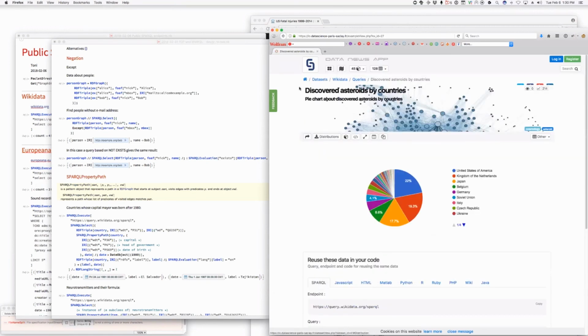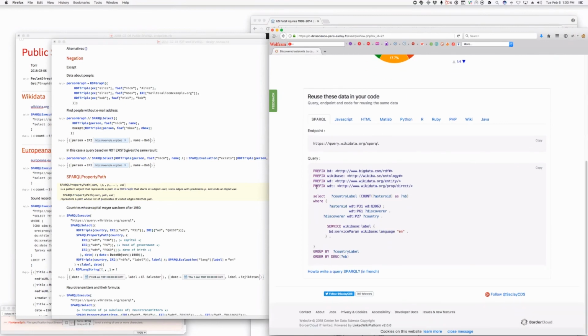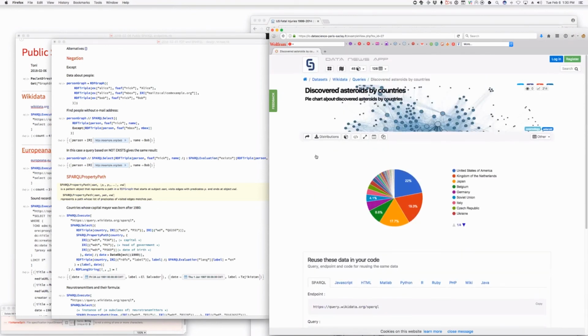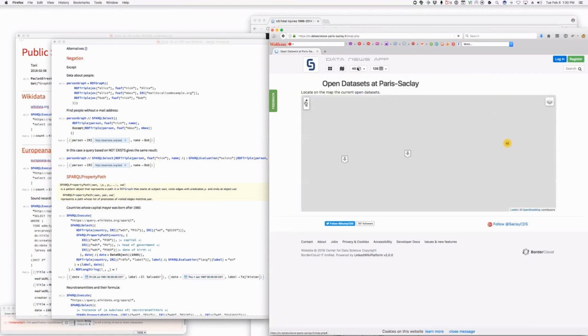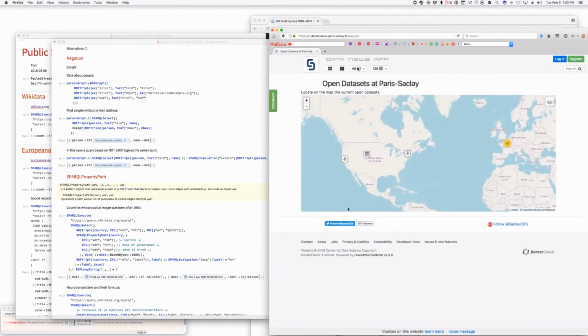That's just a one-shot thing, I think. Kind of a disappointing collection of languages there. What is this place anyway? Open data sets in Paris. Okay.